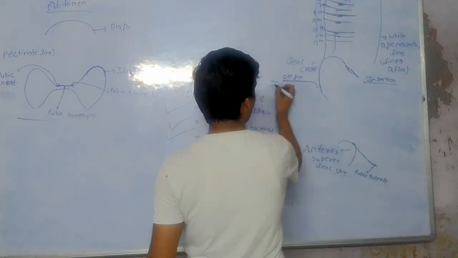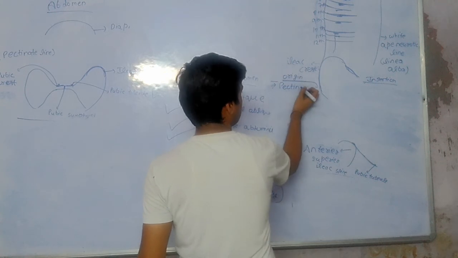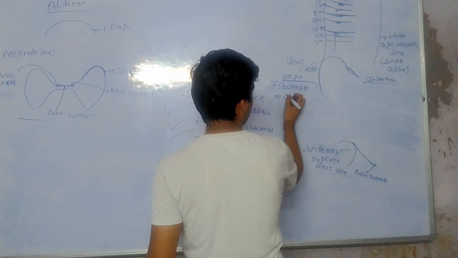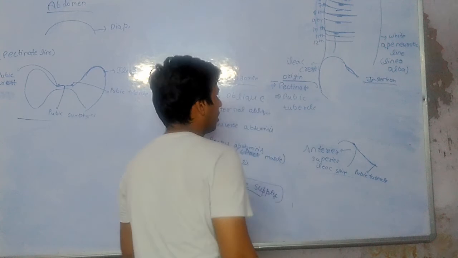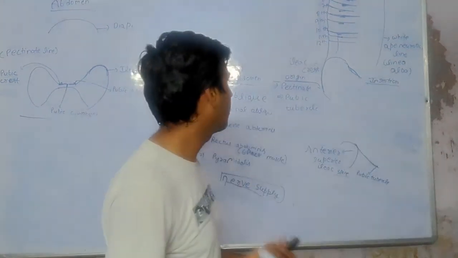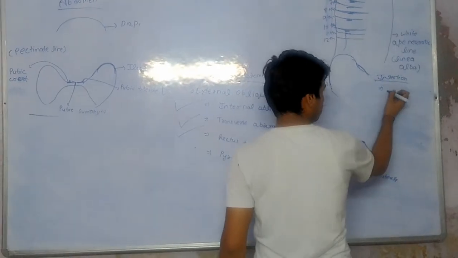Origin is the pectinate line, same, and pubic tubercle, same. This is a triangular muscle, not always present. Sometimes it is absent also. Insertion is linea alba.